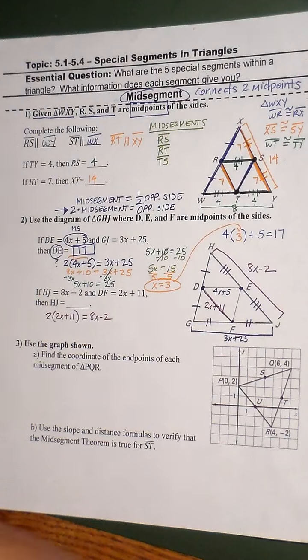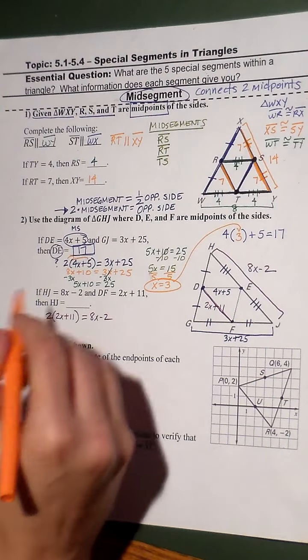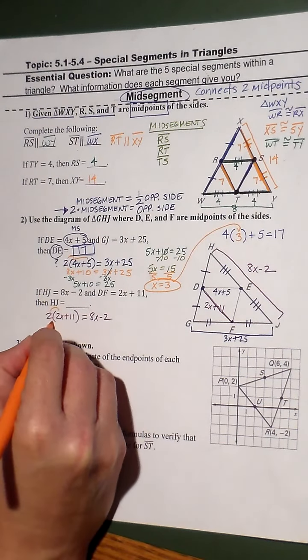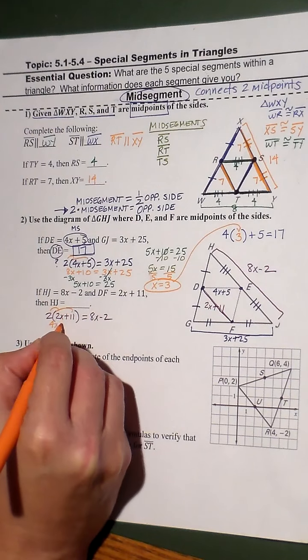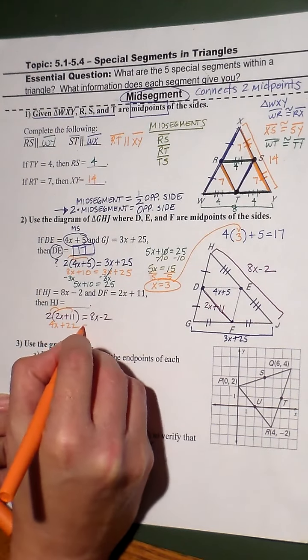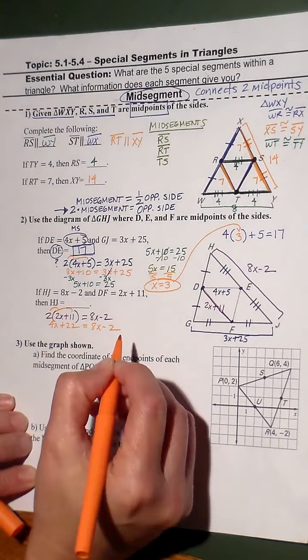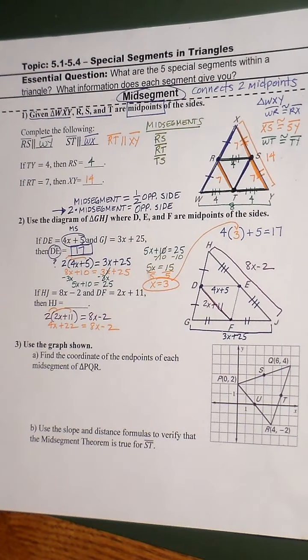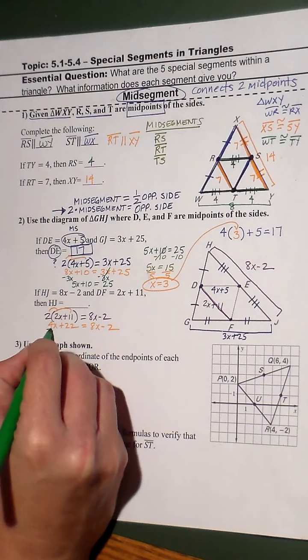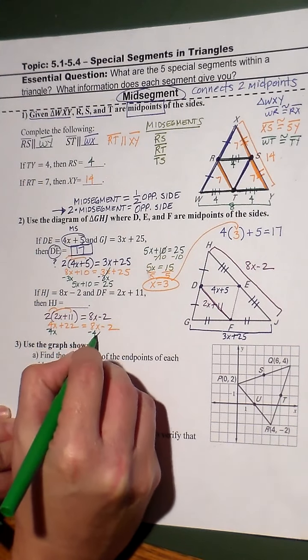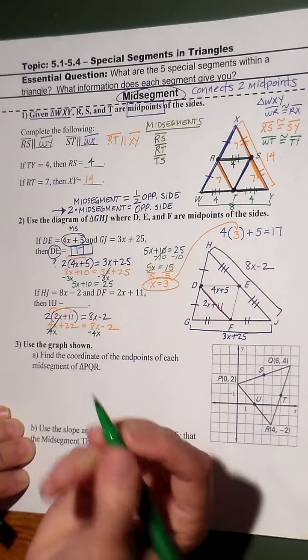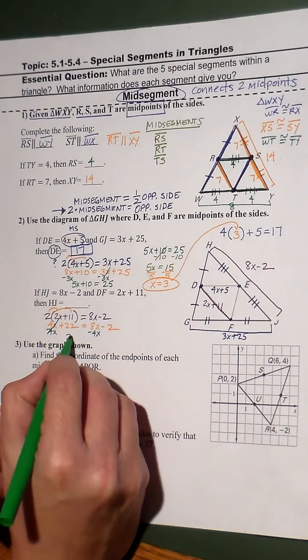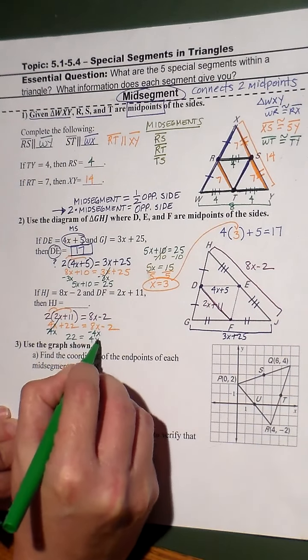And then we follow our steps. So we're going to distribute. 2 times 2x is 4x. 2 times 11 is 22, equals 8x minus 2. All I did was use the distributive property. And now I'm going to subtract the 4x here, just because that'll give me a positive in front of my variable. So that'll leave me with 22 equals 4x minus 2.